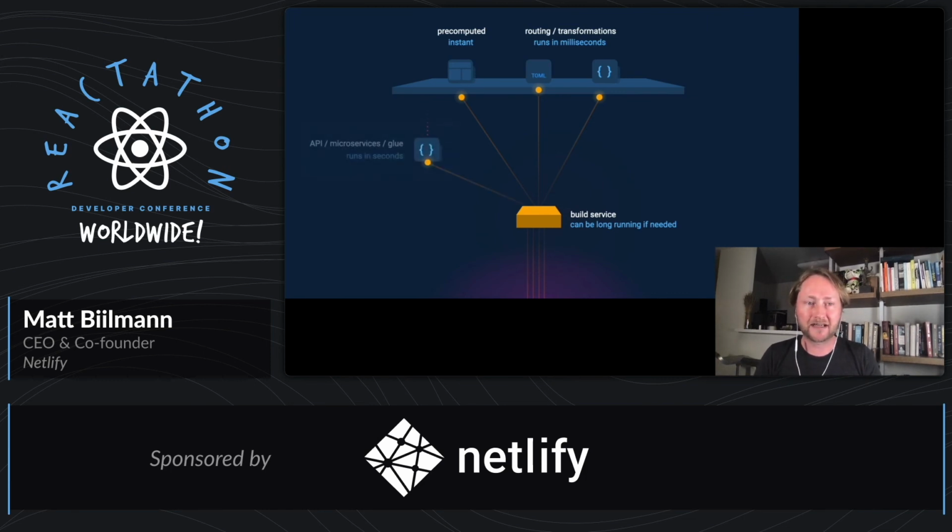Then there's the serverless functions that can run in a few seconds, typically great for API endpoints, microservices, or glue layer, or even for server-side rendering, like with getServerSideProps in Next. And then background functions for when you need compute that takes longer, when you don't want to be trapped inside a request response cycle, when you want to trigger a job and just run it in the background, do actions, and trigger requests.